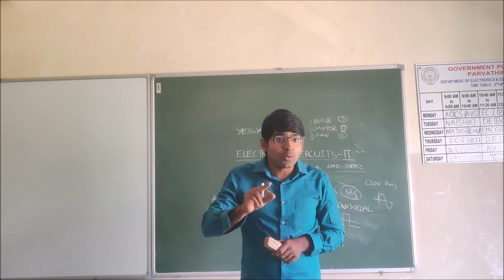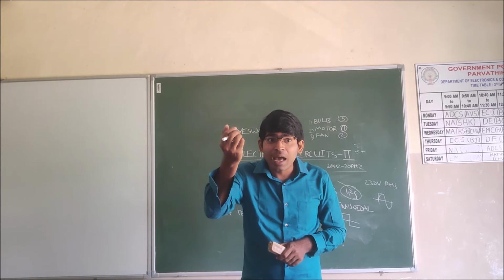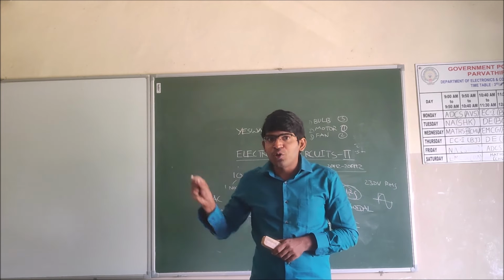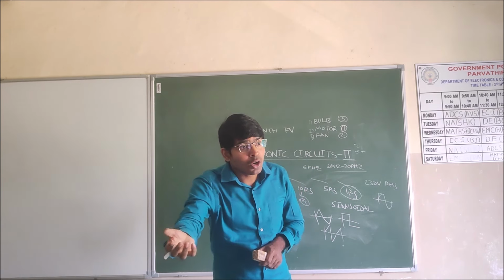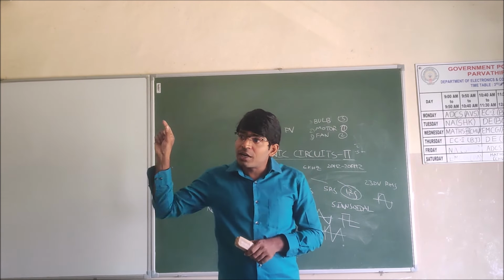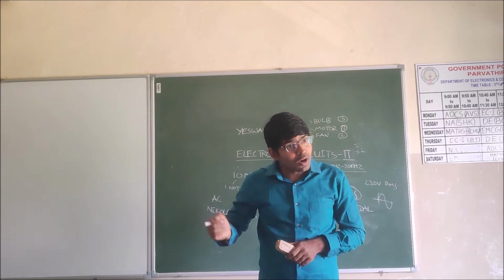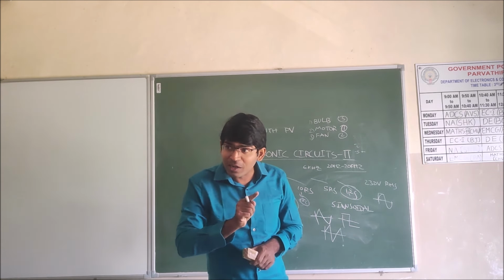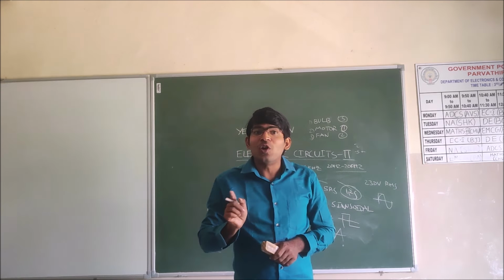Am I right? But what is changing? The amount of current you are drawing from it is changing. If you connect the motor, you are drawing more current. If you connect the fan, a little bit less current. If you connect the bulb, a little bit less again. That's why we are giving the bill for current, but not for voltage.